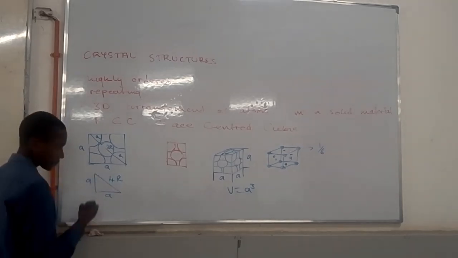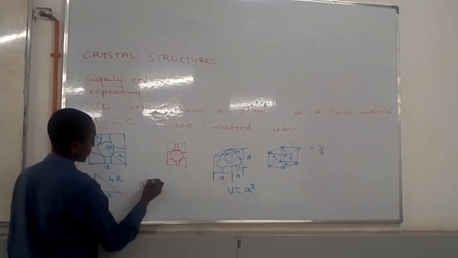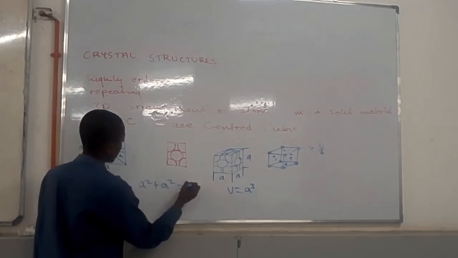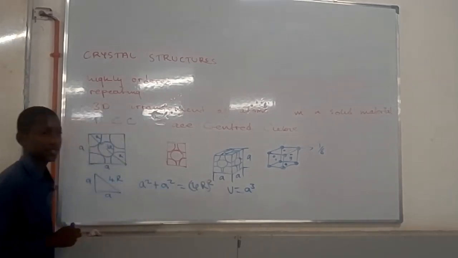Okay. So we can say, using trigonometry, we know that a squared plus a squared should be equal to 4r squared, right?